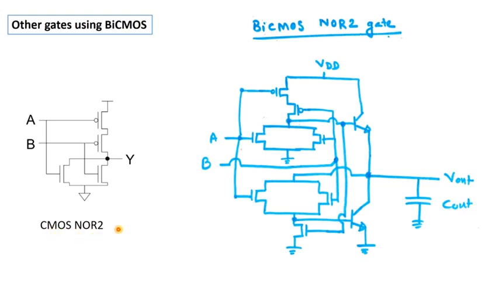Now in the last slide also we have seen the similar thing, right? So suppose if you have been asked to draw the BiCMOS implementation of any other logic gate, can you do that?